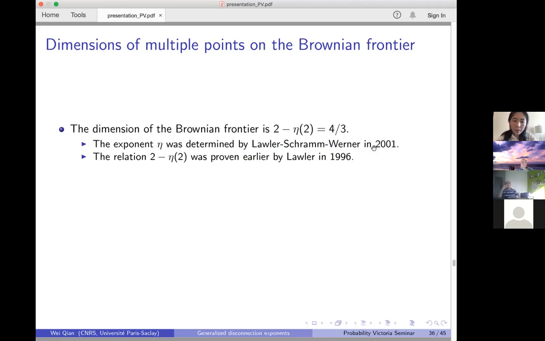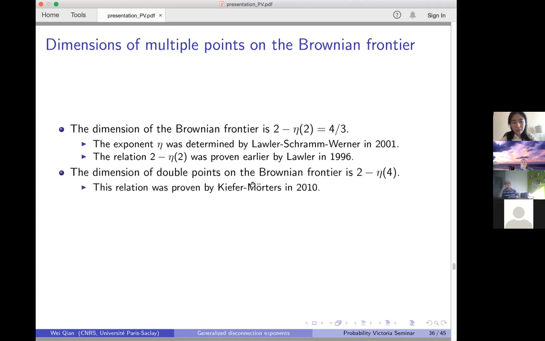So a point is on the Brownian frontier if you have a Brownian motion that visits it and leaves, and they do not disconnect this point from infinity. In some sense, you have two arms of Brownian motion that go to this point and do not disconnect it from infinity. So that's where η_2 comes in. And 2 is just the dimension of the plane.